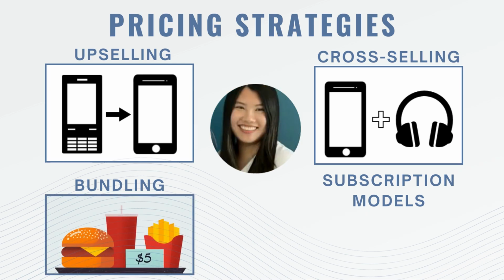Next, we have bundling, and that's a pricing strategy where several products or services are offered together as a package deal at a price that is lower than what they would cost if purchased separately. This can increase the perceived value for the customer and encourage them to buy more. For instance, a meal deal with a burger, fries, and a drink offered together for $5.